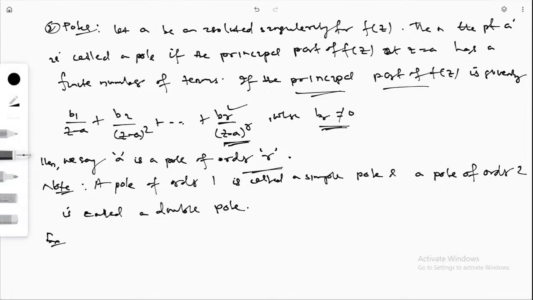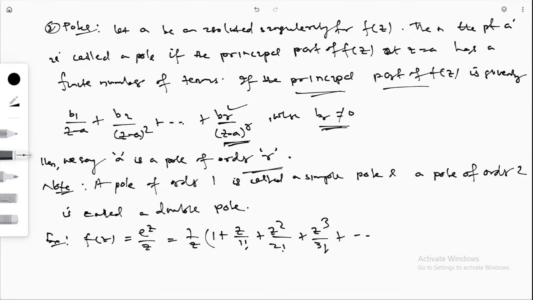If we see an example, suppose I consider f of z equal to e to the power z divided by z. So in its expansion, what do I get? This is 1 by z, and the expansion of e to the power z is 1 plus z by 1 factorial plus z square by 2 factorial plus z cube by 3 factorial, like this.